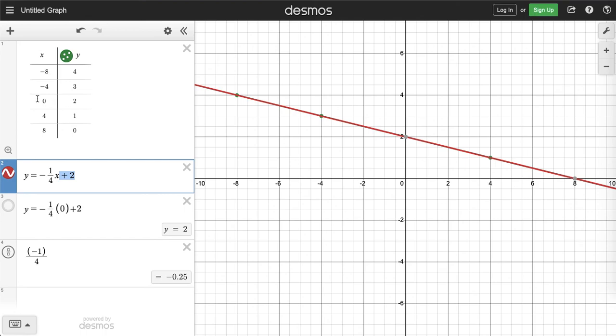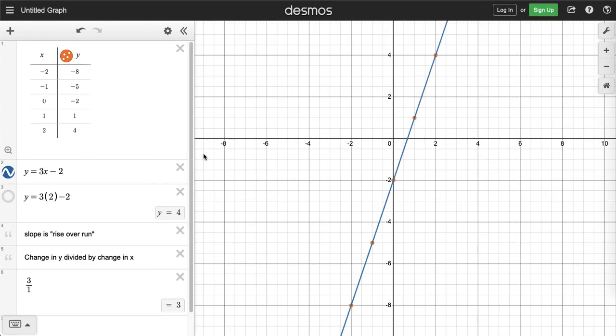When you are picking your values for your x, pick smart values. If you've got a denominator in your fraction, make sure you use that denominator. And what the number in front of x is telling you is that is your slope, which is always how far up or down you move compared to how far left or right you move.